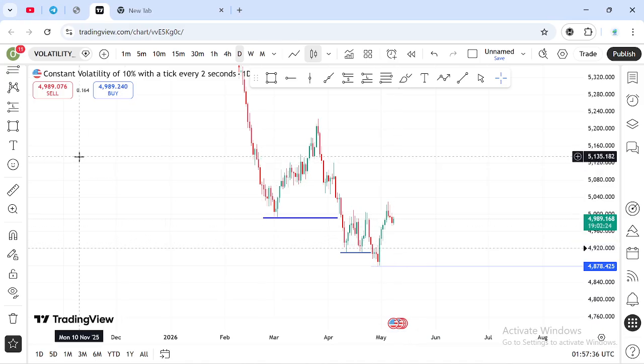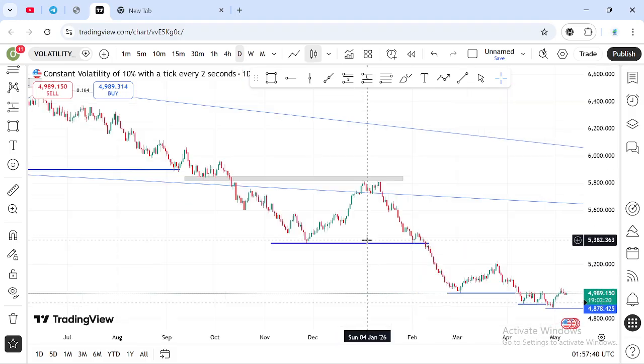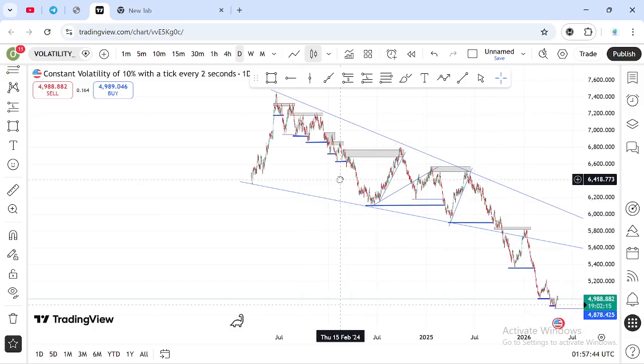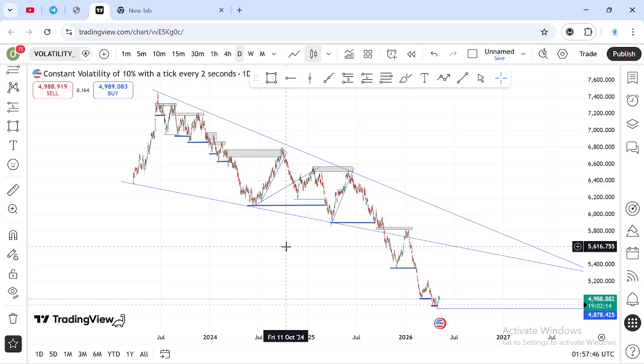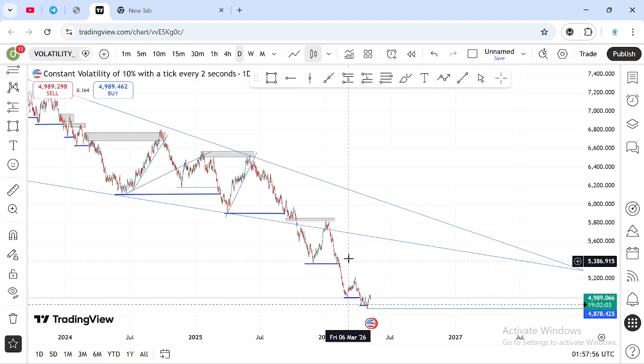So there's something I wanted to look out for. You know, this was a clear break of this whole trend. So I want to connect my zone. I want to connect from this low to this point and connect from this high to this point and see something that will play out.